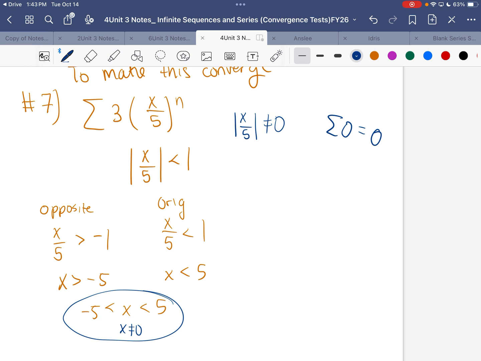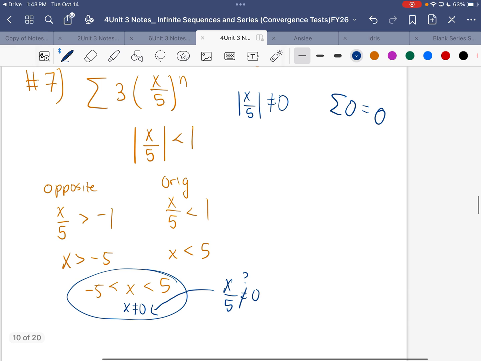So what would make x over 5 be 0? No, but it could be 4.99999. And it could be negative numbers, Nate. That's why it's absolute valued. It's because of the negatives.